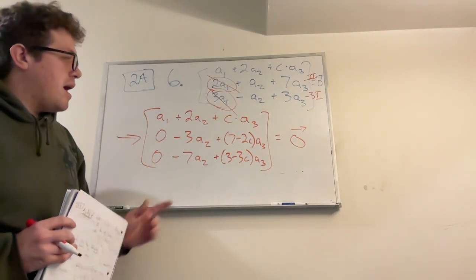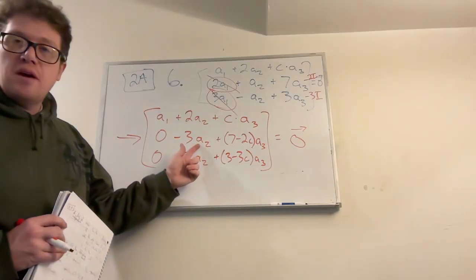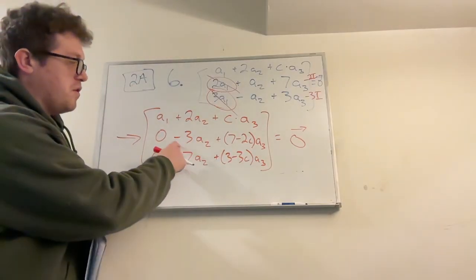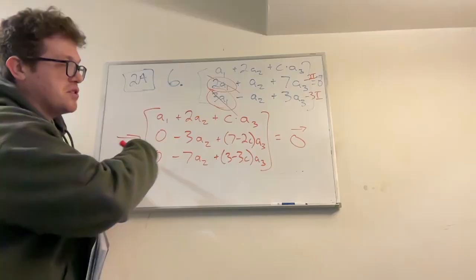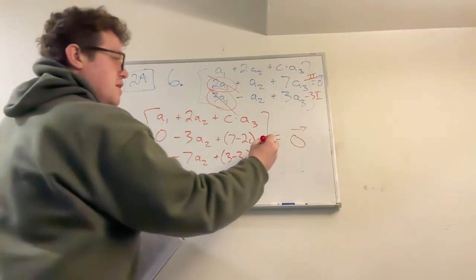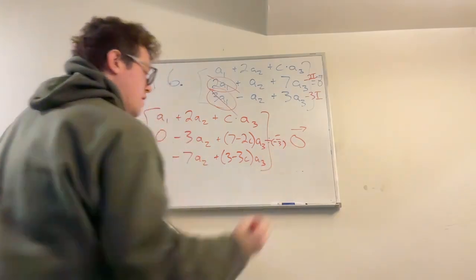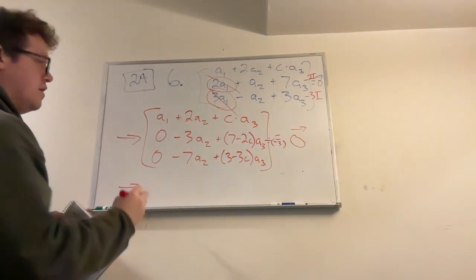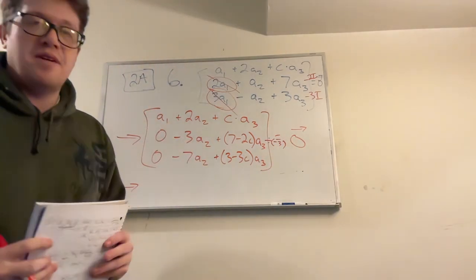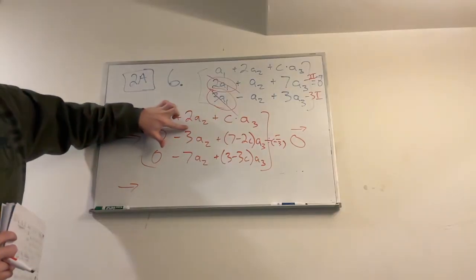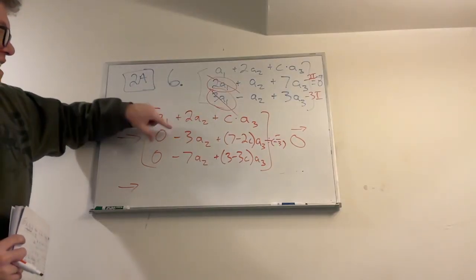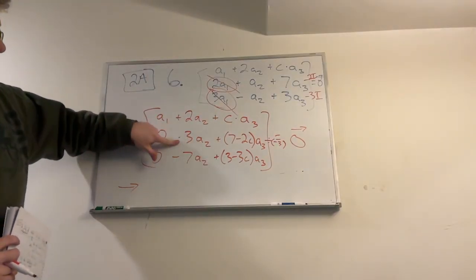All right, and now I go to the next variable, which is A2. So this coefficient is not equal to 1, so I can divide this whole row by -3. And just to save some time, I'm going to do the division by erasing. So -3 divided by 3 is 1.